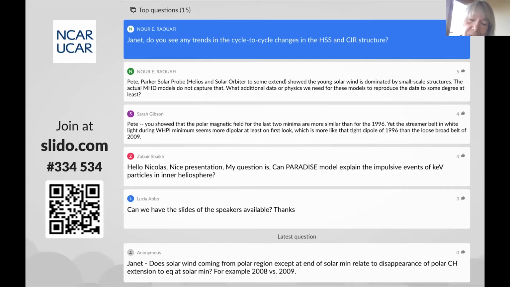And then through solar maximum, polar coronal hole extensions are pretty important because active regions tend to draw down those extensions. And then we fade back into low latitude dominance, even in the absence of active regions.